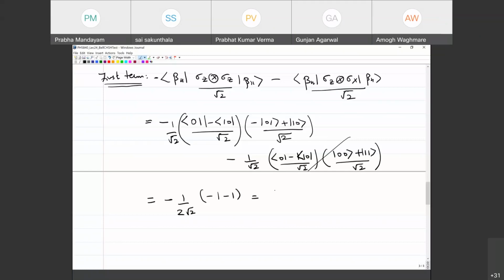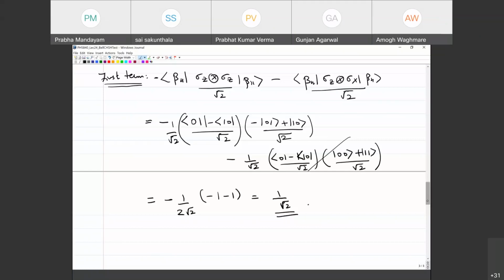So I claim that the first term simply finally evaluates to 1 over root 2. Do you get that? I got 1 over root 2. Yes.